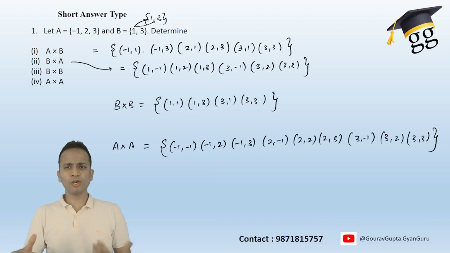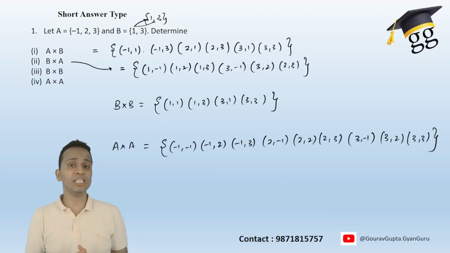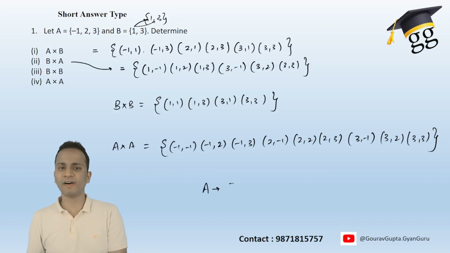Okay. Now when you are doing the basics of this chapter and you are trying to understand the Cartesian product, it is important to know the number of elements in the Cartesian product. So I'll give you a small example. Let's say in set A there are 5 elements and in set B there are 6 elements, for example.